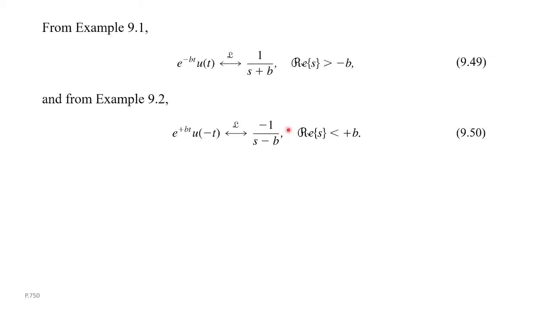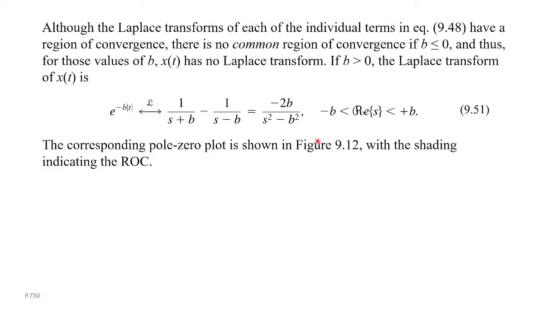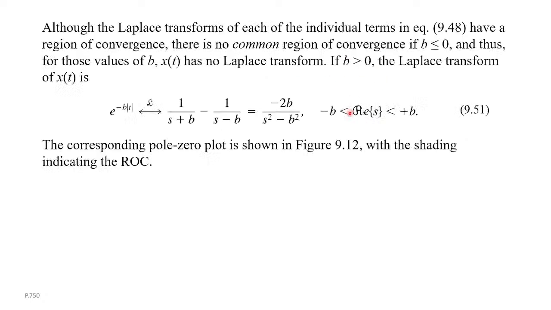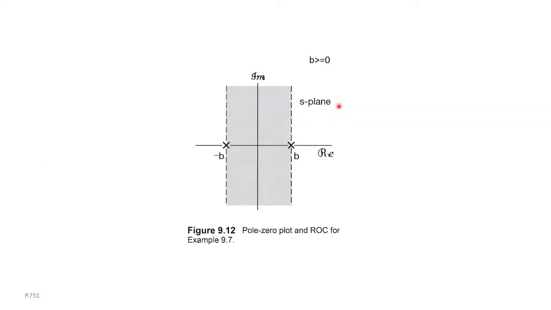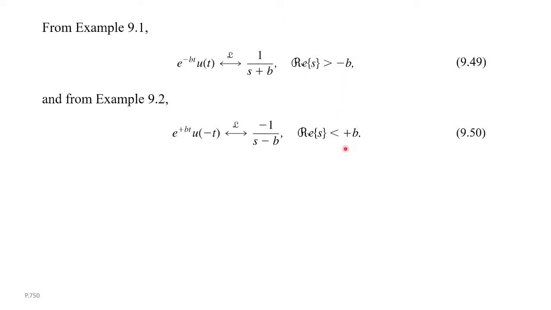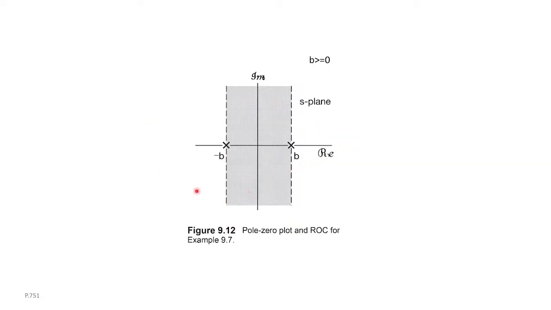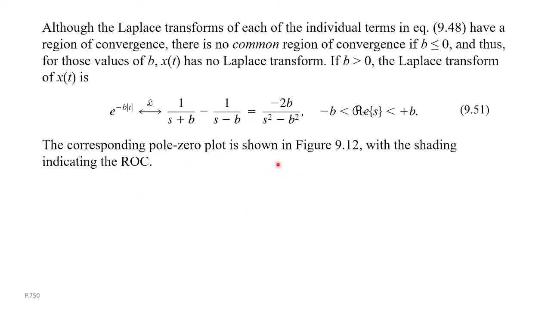And the most important thing you want to know is that you take the intersection of those two ROCs. So you move things around a little, and you see your Re(s) should be bigger than negative b, and smaller than positive b. Okay, so this is your ROC, and you can visualize it like this.